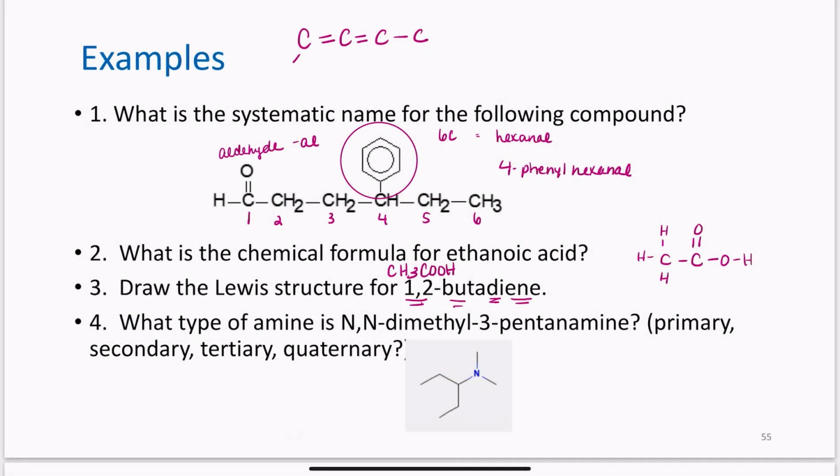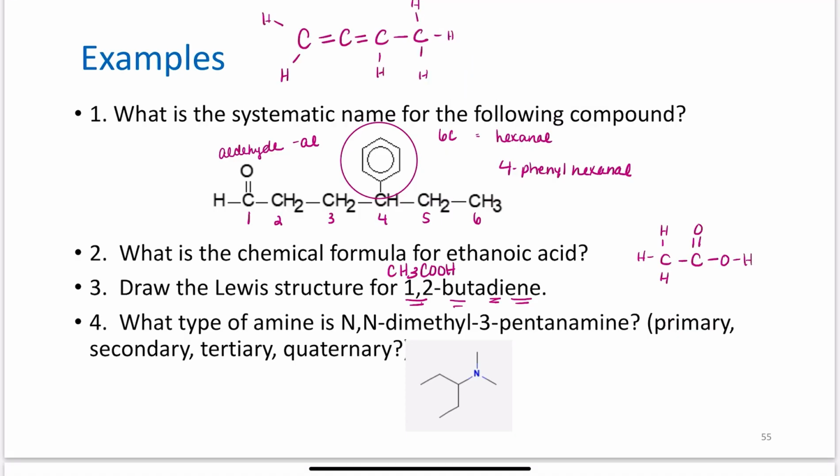Now give all of your carbons enough hydrogens to give them a 0 formal charge. I don't think I could fit this. Nope, I'm going to leave that where that was.